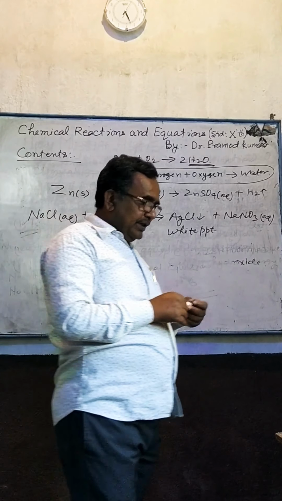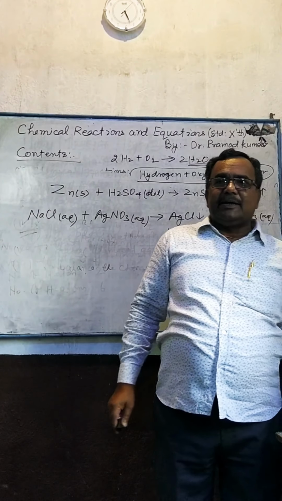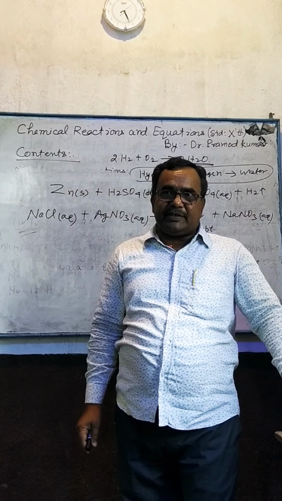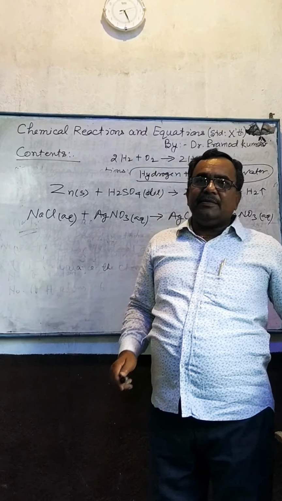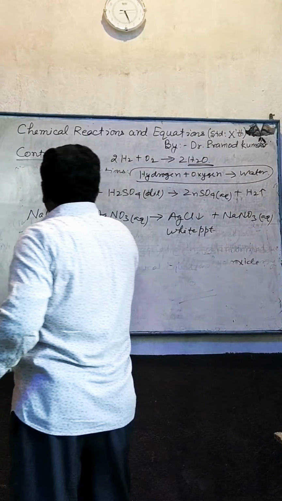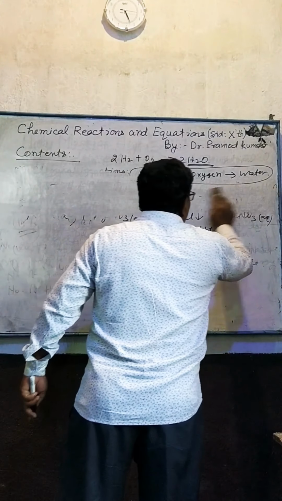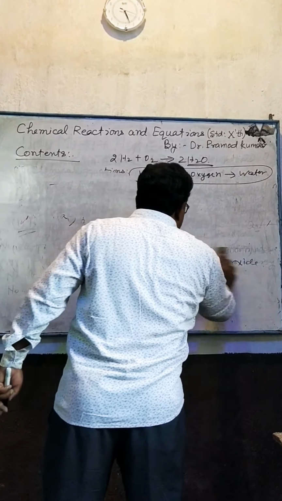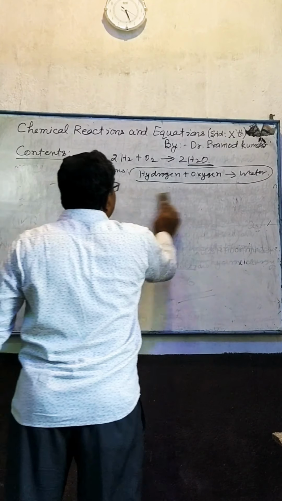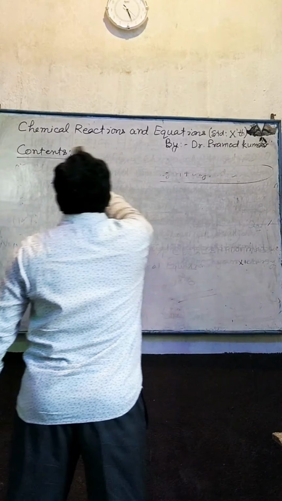Now we have to study how we can make chemical equations more informative by writing the symbols of state and conditions.